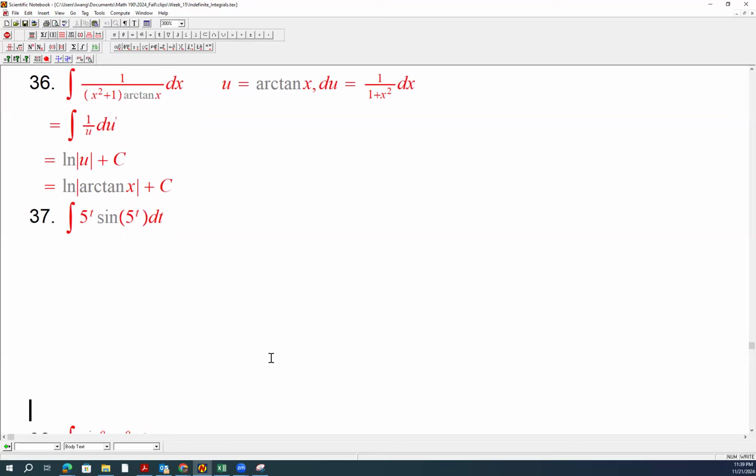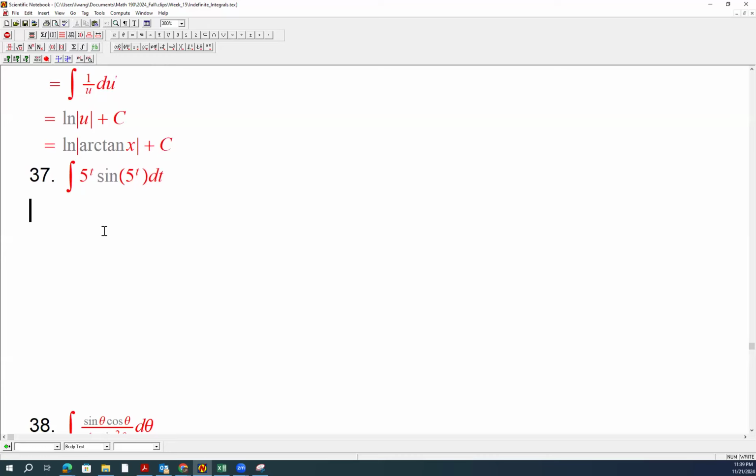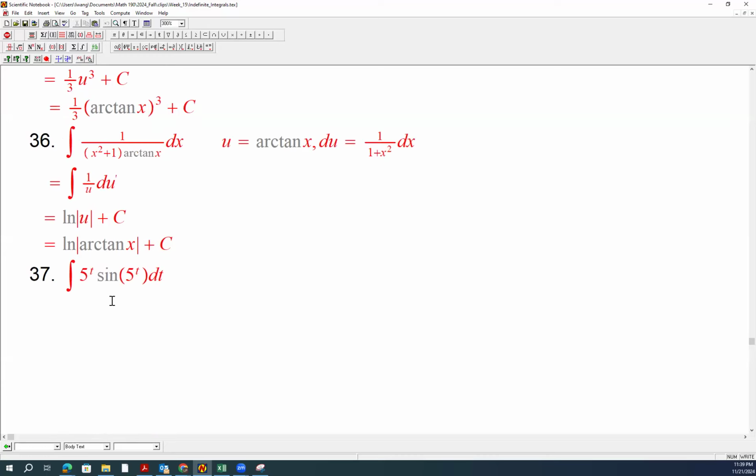Okay, and this number 37, the substitution, I think, is also obvious. So it's just going to be u equals 5 raised to power t.